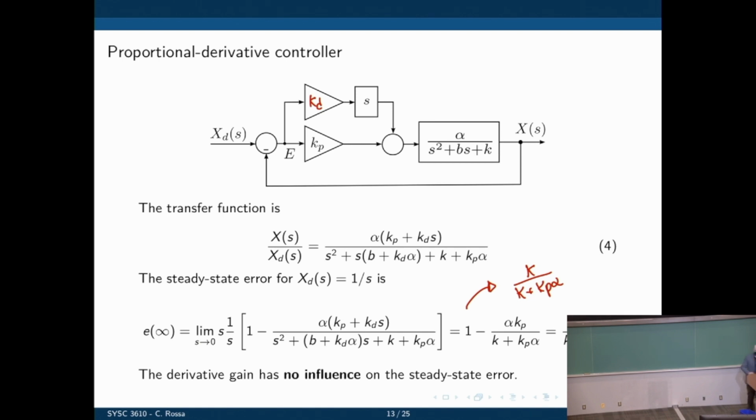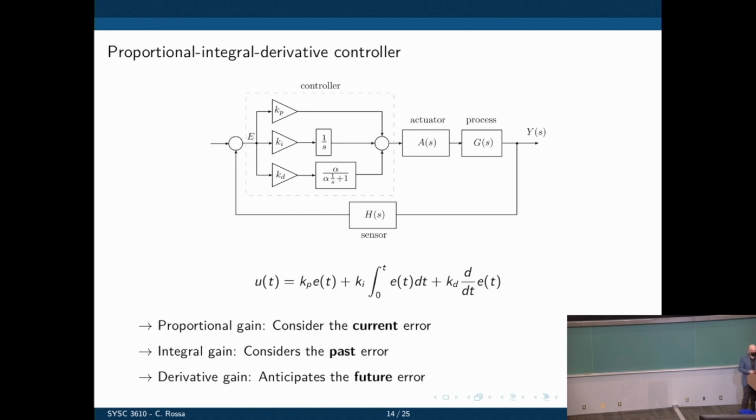Okay, so these are all the three components. Now all you have to do is put the three of them together. You see that we only used two at a time, just to simplify the analysis. But now we can put all of them together. Proportional controller considers the current error and will help with transients, will help with steady state error, will help accelerate the system.